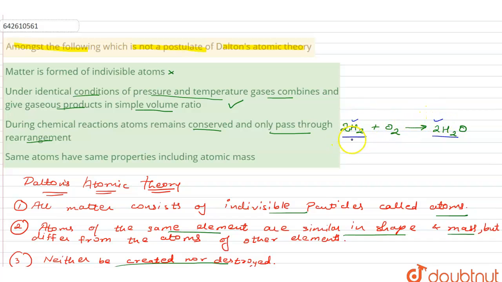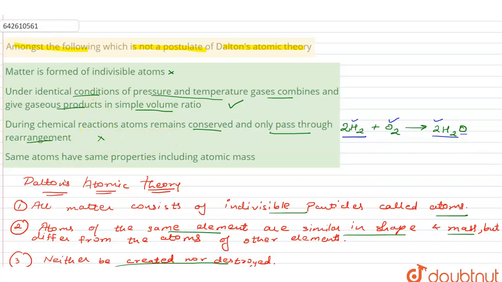Here it was in a molecular state, whereas here it is in a compound state. Similarly, for oxygen, it was in a diatomic state over here, whereas over here there are 2 oxygen atoms, but in a ratio form. So it has undergone a rearrangement, but the number of atoms is conserved. So our third statement is also in sync with Dalton's atomic theory.